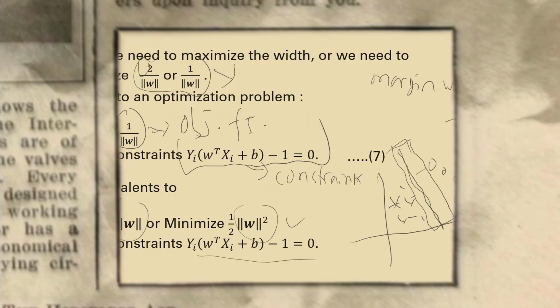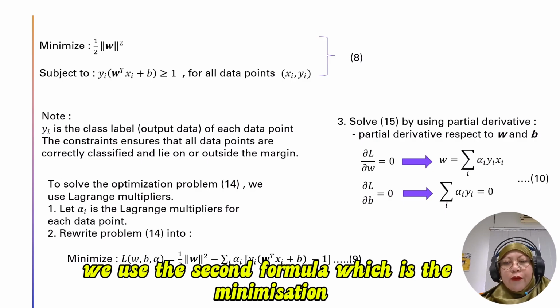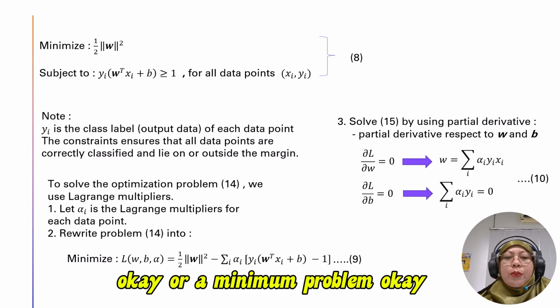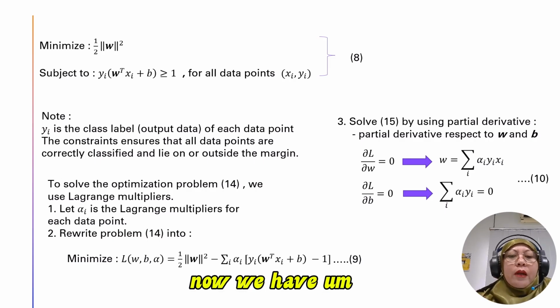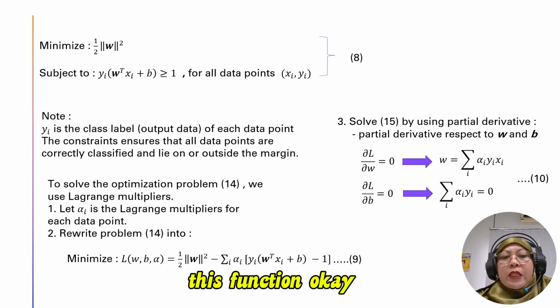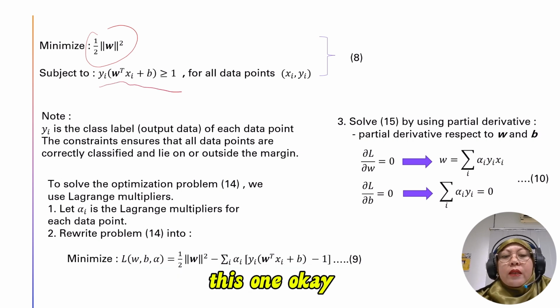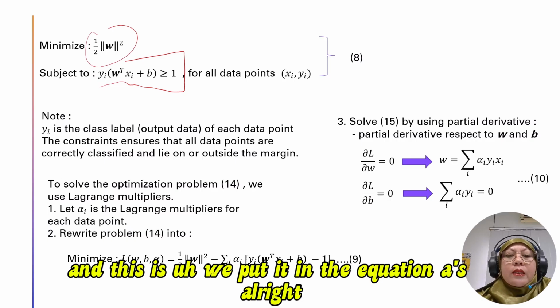Now let's say we use the second formula, which is the minimization problem. The optimization formula is to minimize one half times the magnitude of W squared, subject to this constraint, which we put in the equation.